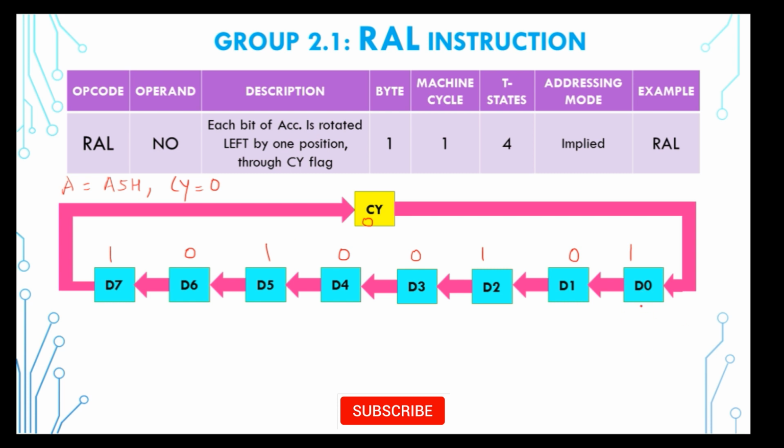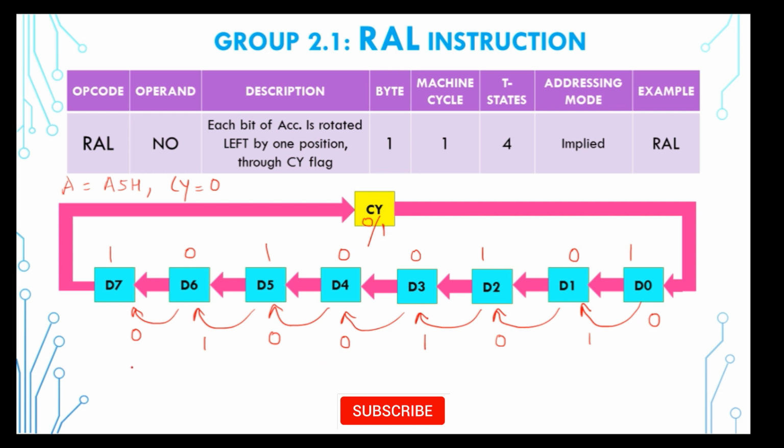So D0 bit is copied into D1, which is the 1, D1 into D2, it is 0, and then 1, 0, 0 1 0, and this bit of D7 is copied into the carry flag. Now it is 1 and carry flag bit is copied into the D0. So it will be 0.